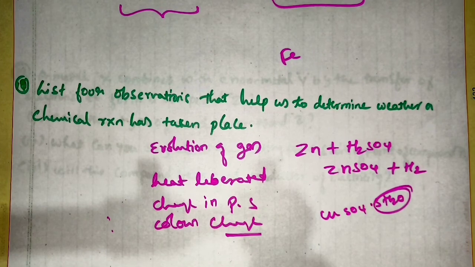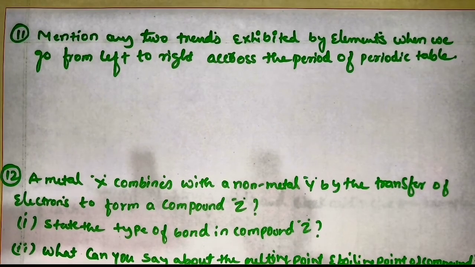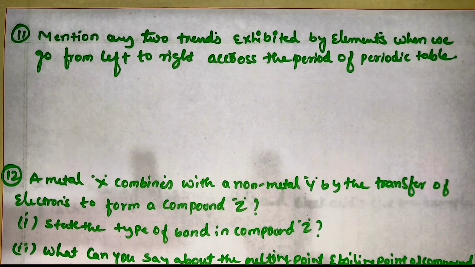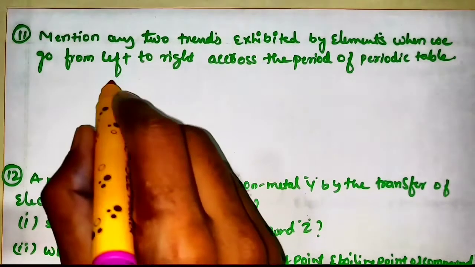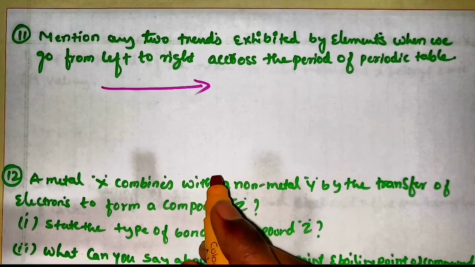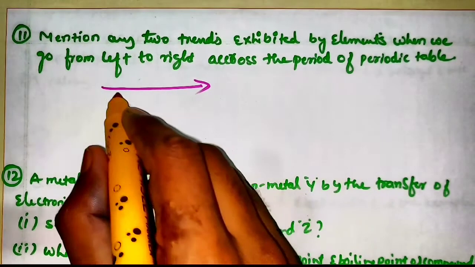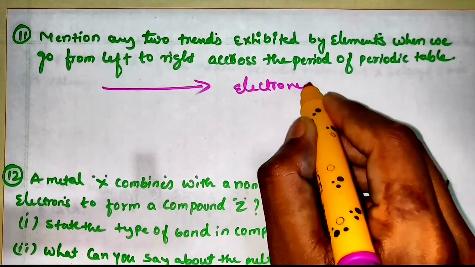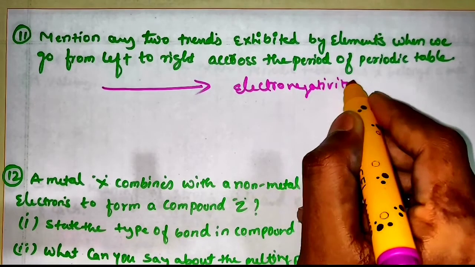Next question: mention any 2 trends exhibited by elements when we go from left to right across a period of the periodic table. When we move left to right, children, what is going to happen? Non-metallic property increases. Very firstly, electronegativity increases.